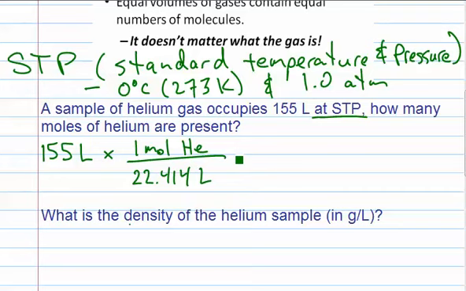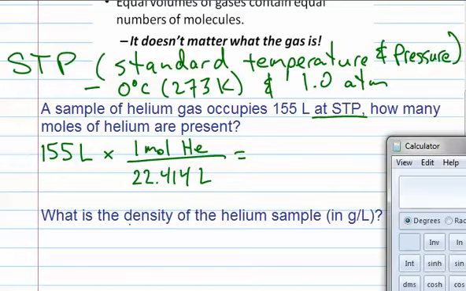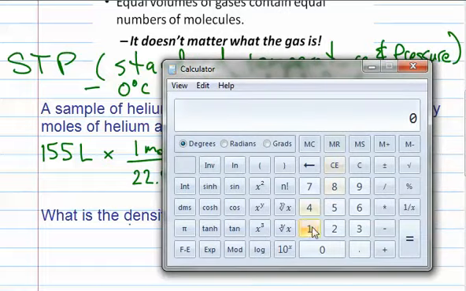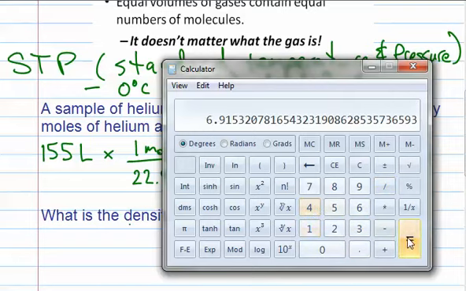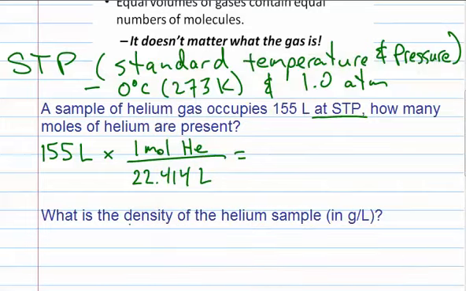Okay, so under these conditions we have 155 liters, so we'll grab our calculator here, and we'll say 155, and we'll divide by that standard molar volume, 22.414, telling us we have essentially 6.92 moles of helium.